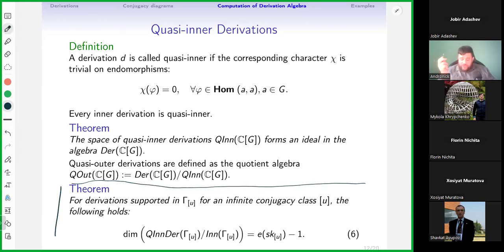for a subgroupoid gamma, you have to take its conjugacy diagram and calculate the number of ends there. Then you will see that this is the formula for the quotient of quasi-inner derivations by inner derivations.